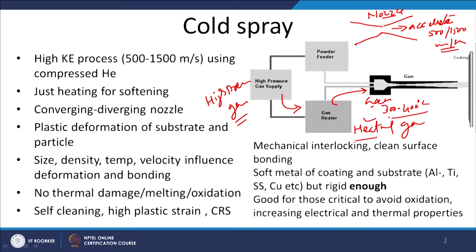If we see this schematic, these gases are also used to feed the material to be coated through a suitable powder feeder. So the high pressure hot gases and the material to be coated are fed from the feeder to the nozzle gun, where the converging diverging design of the nozzle helps to accelerate the hot gases, and along with that the powder particles are also accelerated to high velocity, and their impact with the substrate helps to develop the coating.